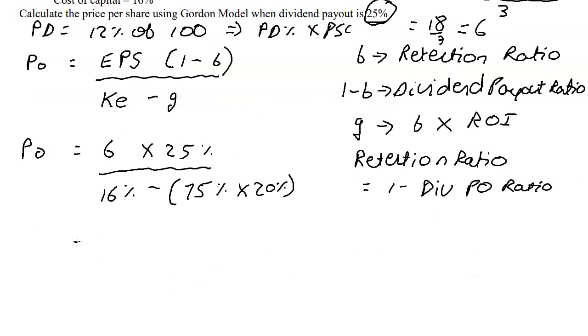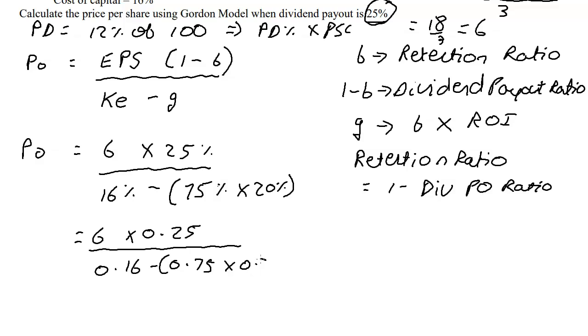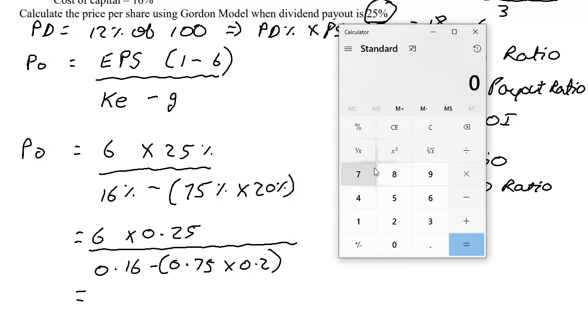Convert everything into decimal. So we have 6 into 0.25 upon 0.16 minus 0.75 into 0.2. Taking that forward, we have 6 into 0.25, which is 1.5.